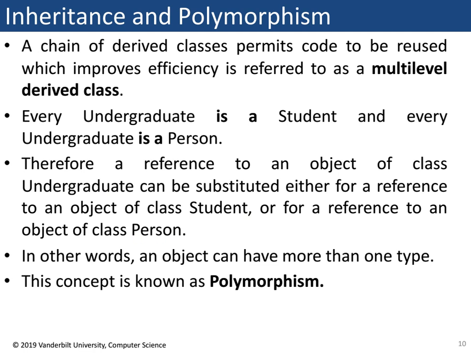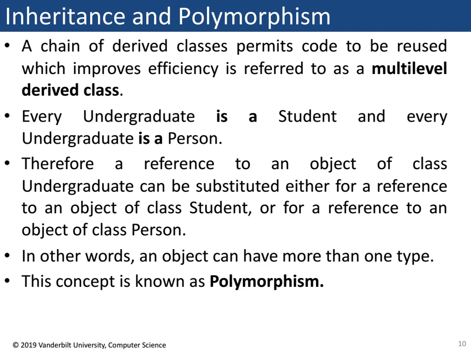So we can substitute a reference to an undergraduate for a reference to a student or a reference to a person. So then we can consider an undergraduate type to also be a student type or a person type. So therefore, an object of undergraduate type actually has multiple types. And this idea of having multiple types is referred to as polymorphism.